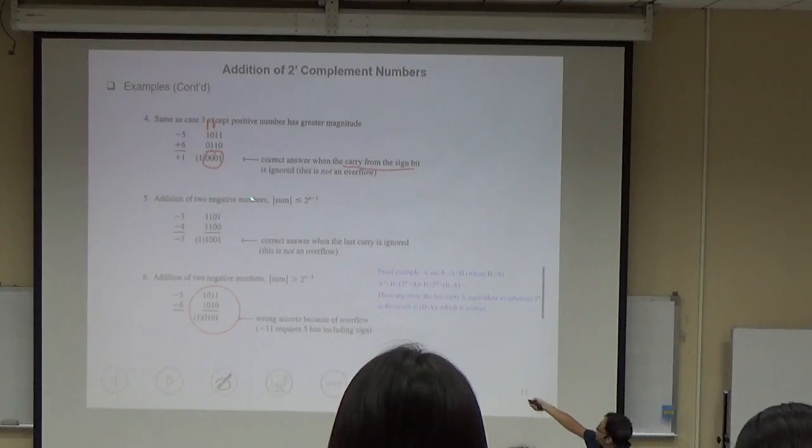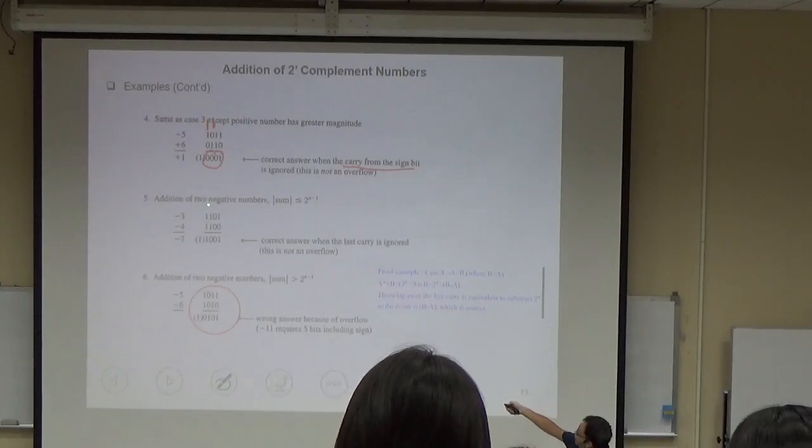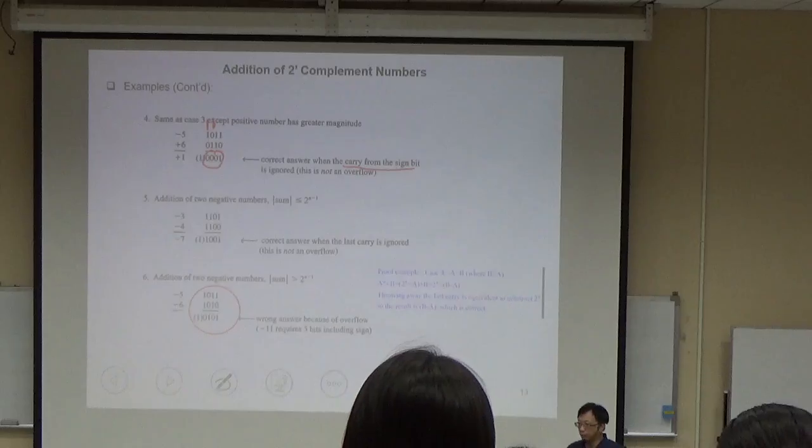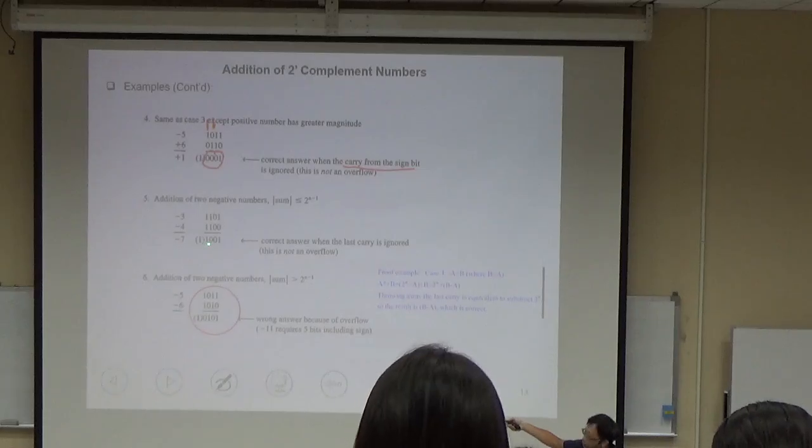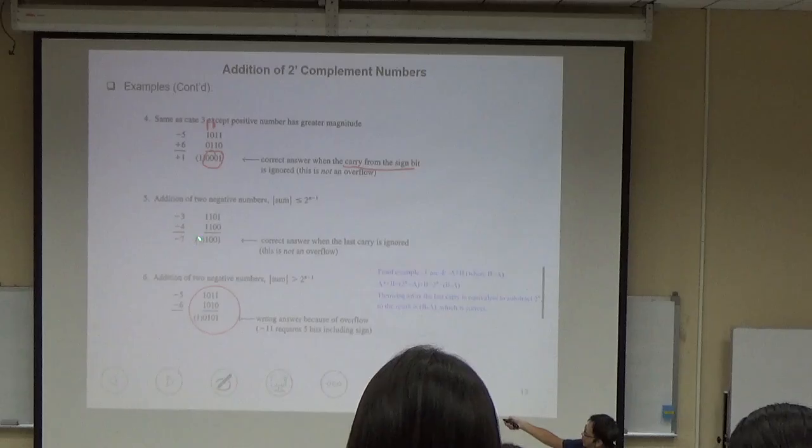And 1 plus 1 is 0, and we have a carry, okay? And 0 plus 1 is 1, so there is a 1 value. This is the digit right here, okay? And there is a carry.